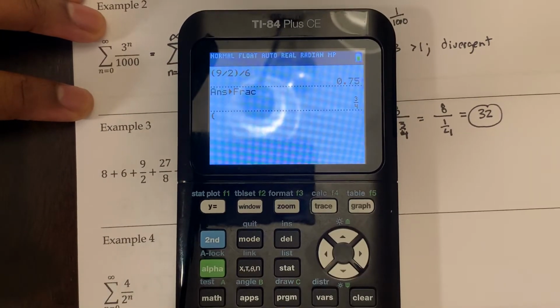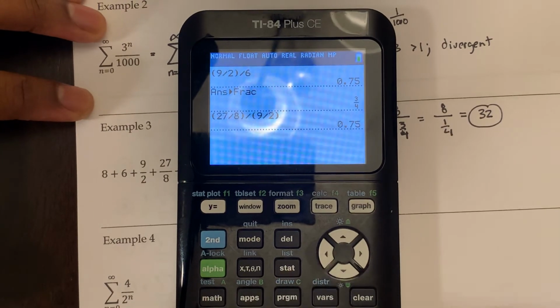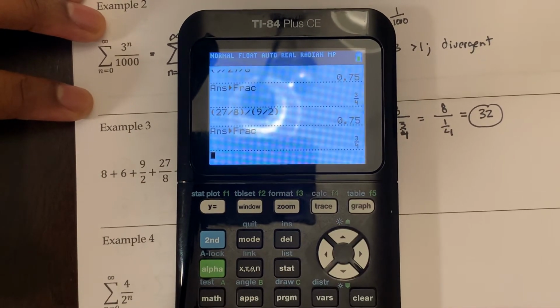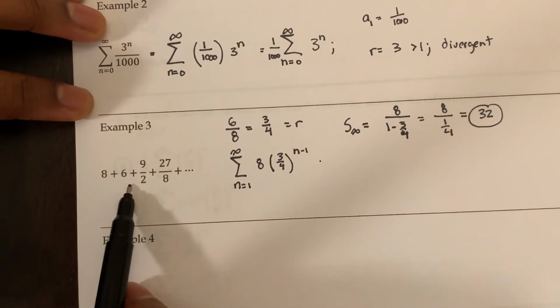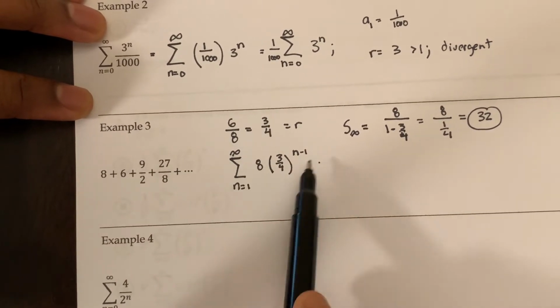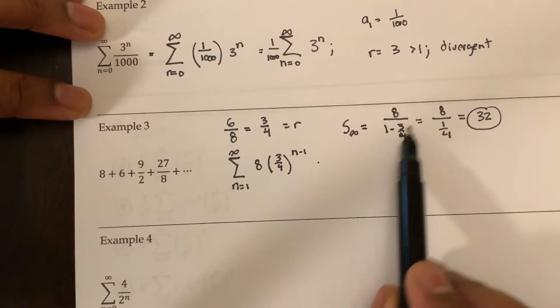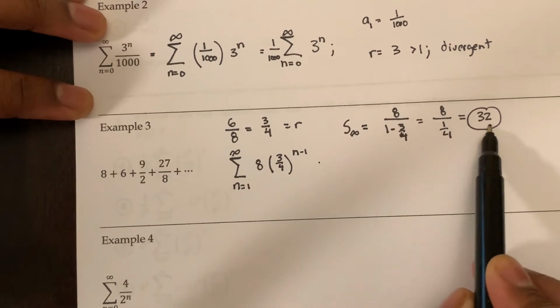Or if we did 27 over 8 divided by 9 halves, we would still get 3/4. So as long as you divide consecutive terms, you get your common ratio, which again turned out to be 3/4, which makes this series convergent. And then we found the sum by doing A divided by 1 minus the ratio, which gave us 32.